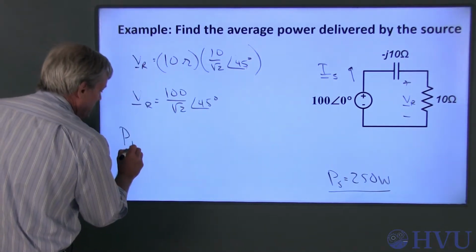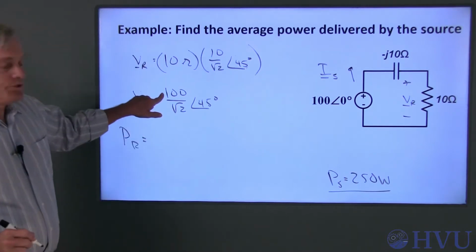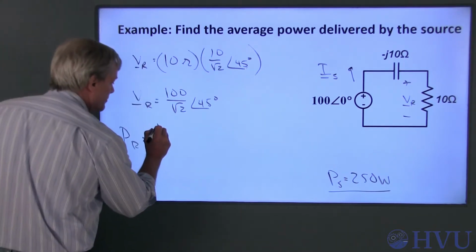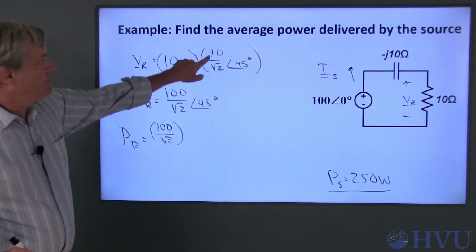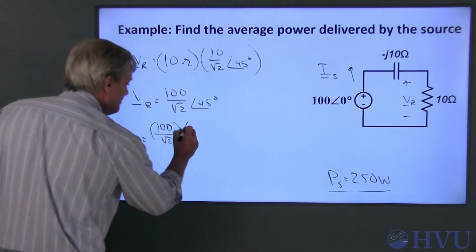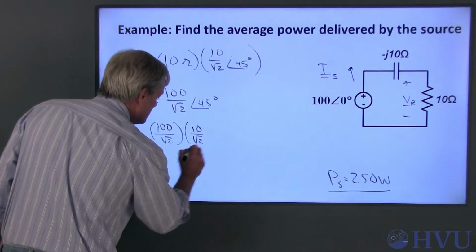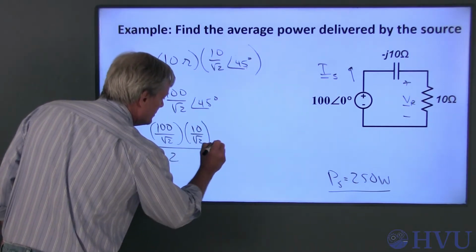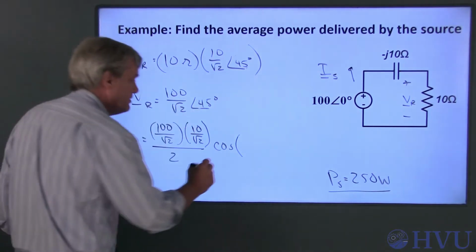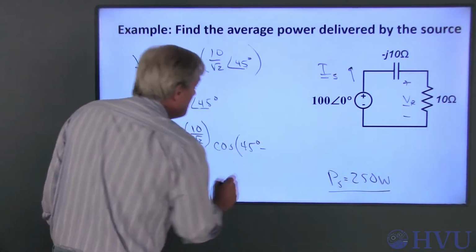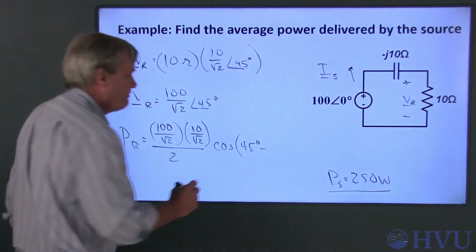Now the power dissipated by the resistor is going to be the voltage magnitude, 100 over root 2, times the current amplitude, which is 10 over root 2, divided by 2, times the cosine of the voltage phase, 45 degrees, minus the current phase, also 45 degrees.